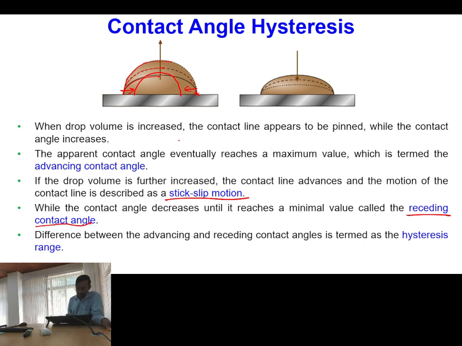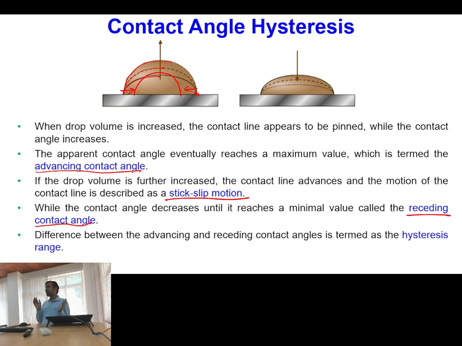If you do the other thing, and from the needle start purging volume into the fluid, what will happen? Initially its curvature will keep increasing, so the contact angle value will keep increasing. It will reach a highest value, which is called the advancing contact angle.